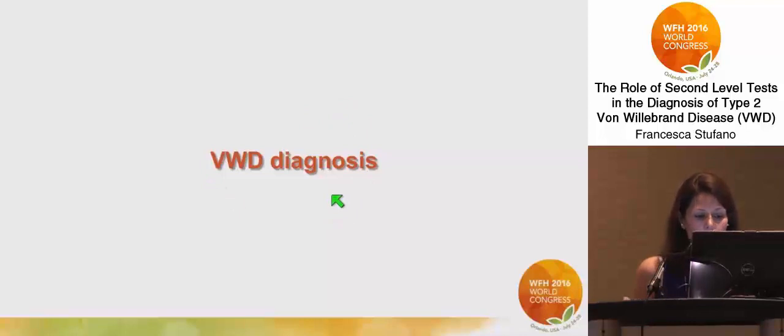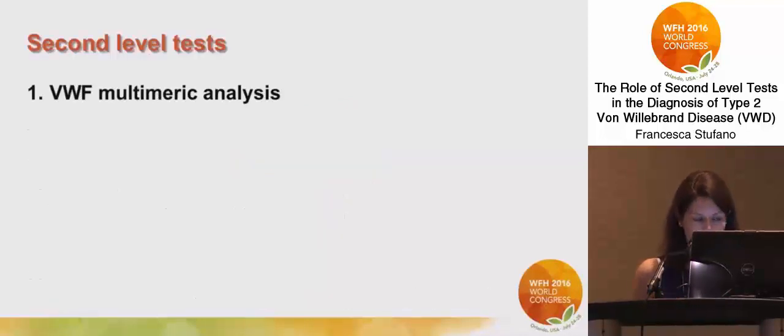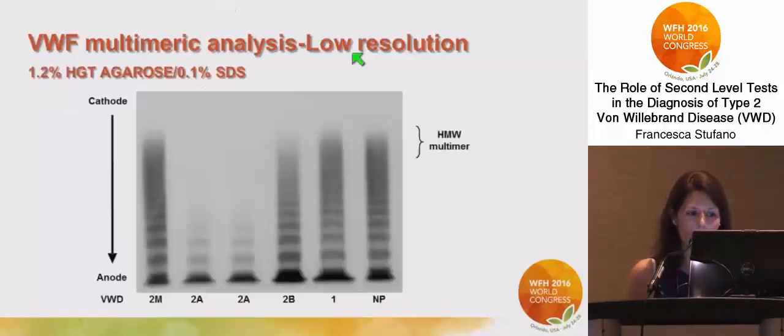So let's go inside the von Willebrand disease diagnosis through all the second level tests, starting from the von Willebrand factor multimeric analysis. With the low resolution gels made with HGT agarose, we can detect both high and intermediate multimer loss, as occurs in type 2A von Willebrand disease patients.